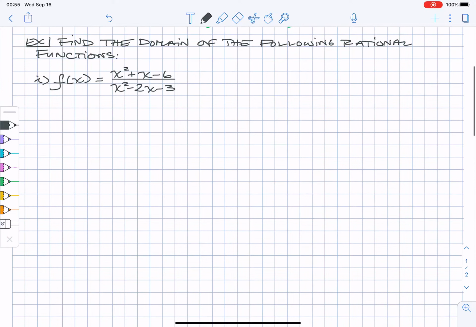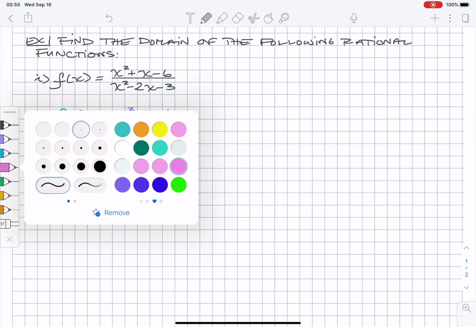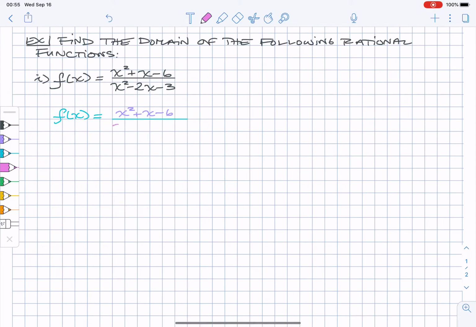Okay, so we have that f of x is a quotient of two polynomials, namely x squared plus x minus 6 divided by x squared minus 2x minus 3. So what I want to do is factor both the numerator and the denominator.